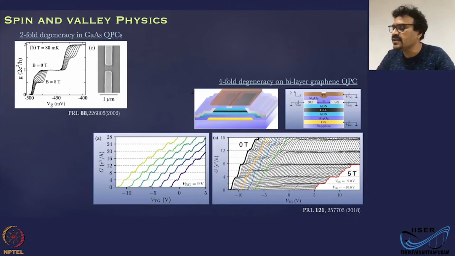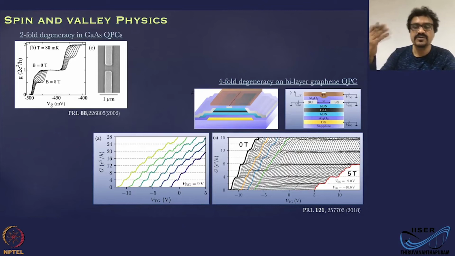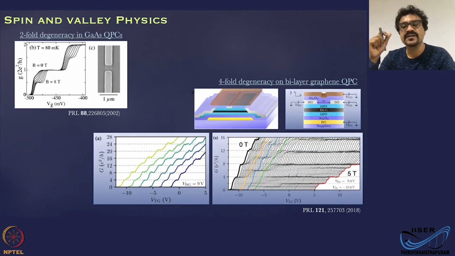You can find how to make this device and other details of the measurement in this paper. But the take-home message here is that these are 4e square by h steps, because there are 4 channels. Every quantum channel is 4-fold degenerate, which means you have 4e square by h.